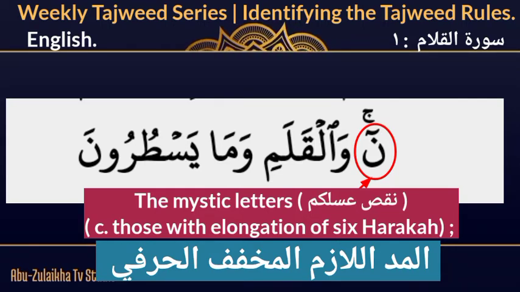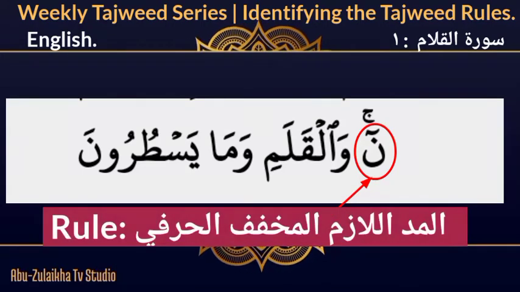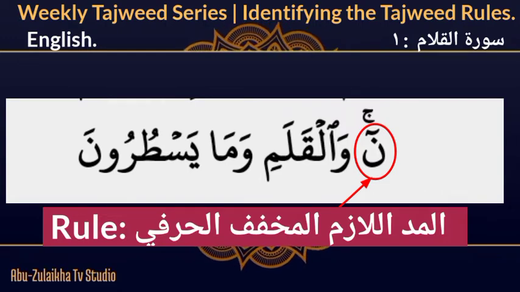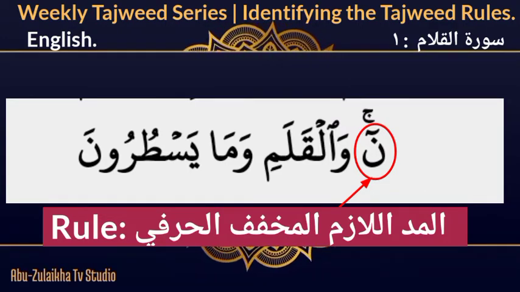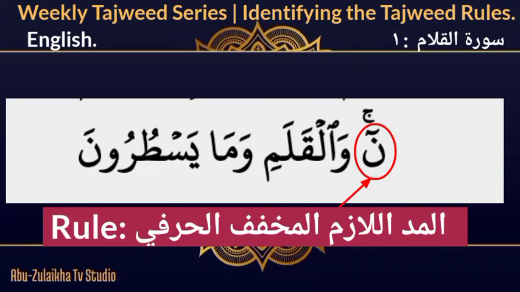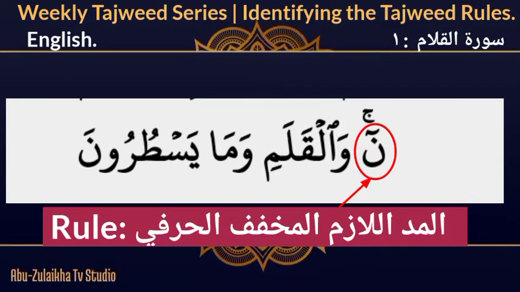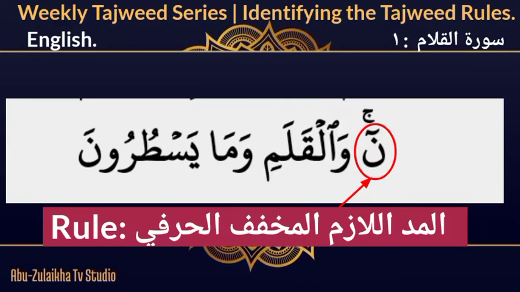Do you understand it? So in the first verse of Surah Al-Qalam, as we are now indicating, the noon, the rule governing that one is known as al-mad lazim al-mukhaffaf al-harfi. But for you to understand it better, I will give you another example of some mystic letters, the huruf al-muqatta'at.